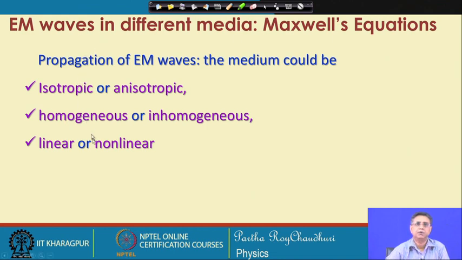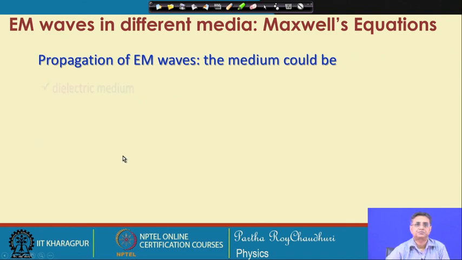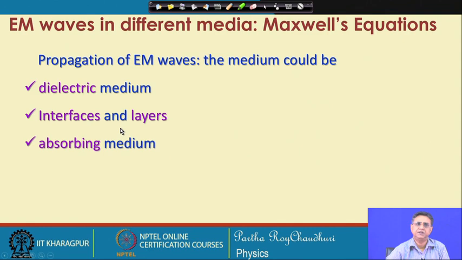So, these are the three broad varieties of material medium through which electromagnetic waves are propagated, and we will study each of them in this discussion. The medium could be a dielectric medium, it could be interfaces and layers, it could be an absorbing, lossy medium as well.